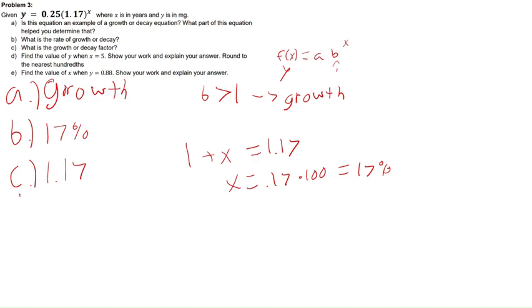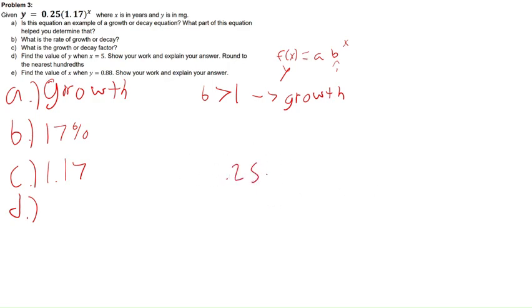And D, now we just have to plug into the equation. If we plug this in, we have 2.25 multiplied by that, and x equals 5, as it says. Find the value of y when x equals 5.